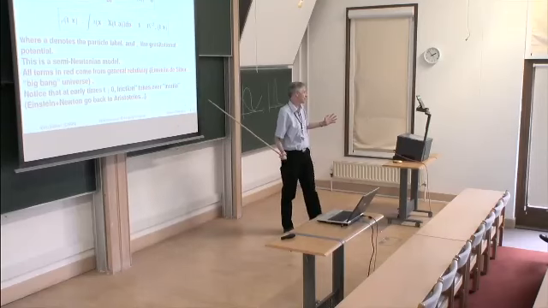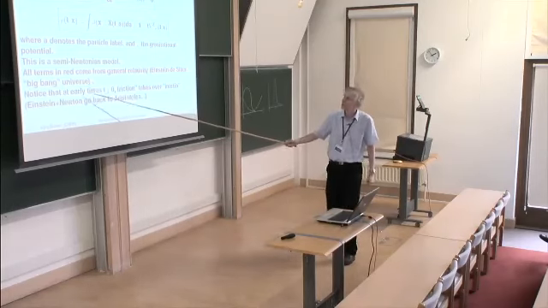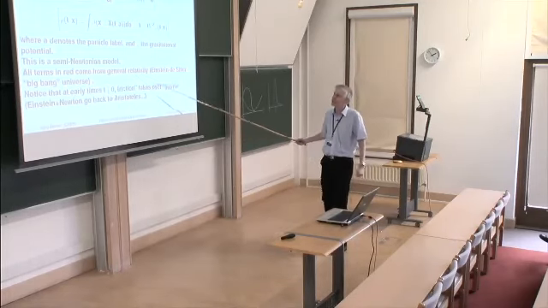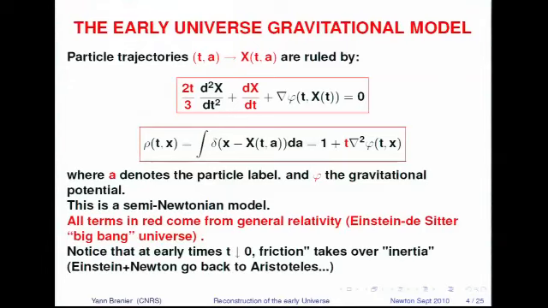Otherwise, it's completely Newtonian. The quite funny observation is that when t approaches 0, the velocity takes over the acceleration. So at very early time, the dynamics is first order, not second order, which is amusing.